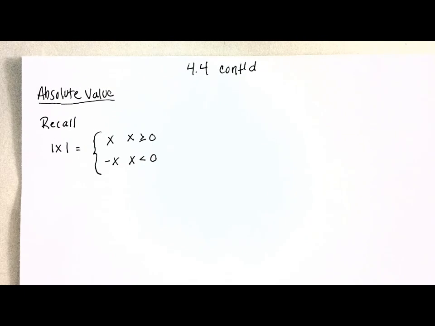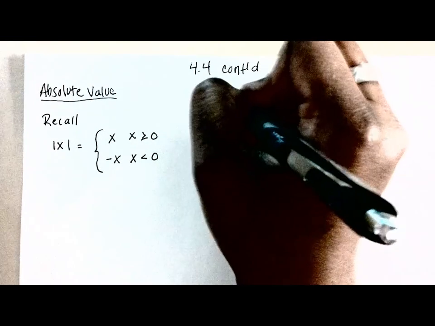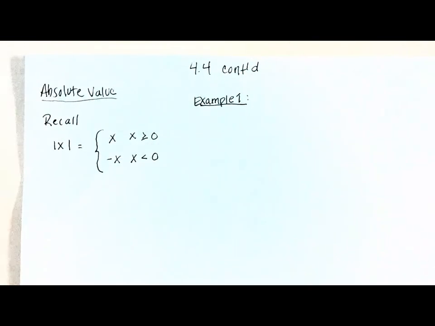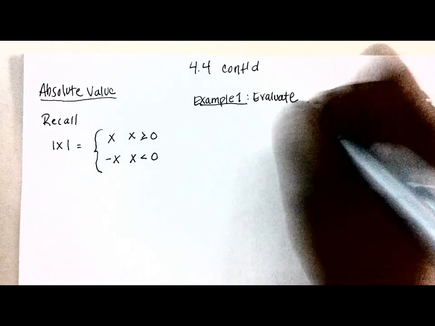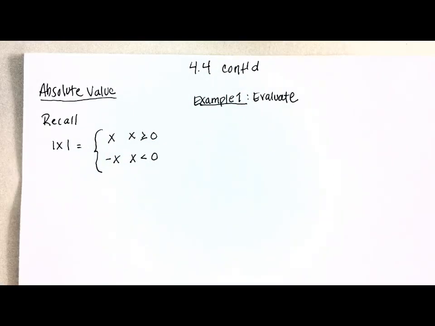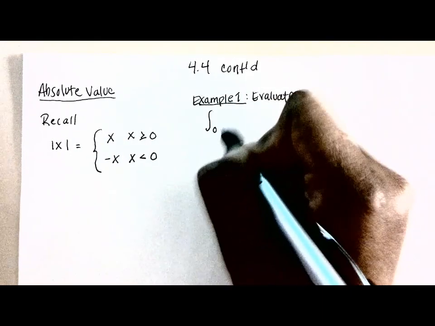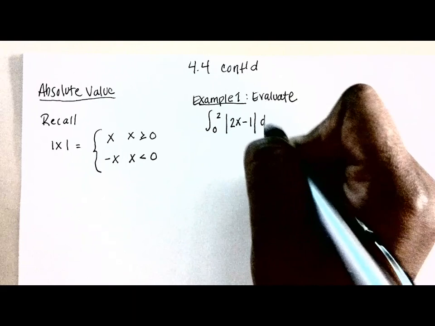So, now let's do an example so that we can do number 10 on the homework. We're going to evaluate the integral from 0 to 2 of the absolute value of 2x minus 1 dx.